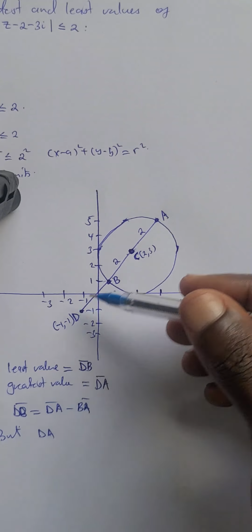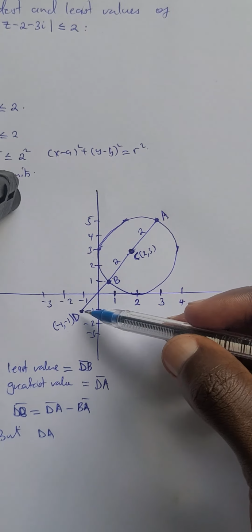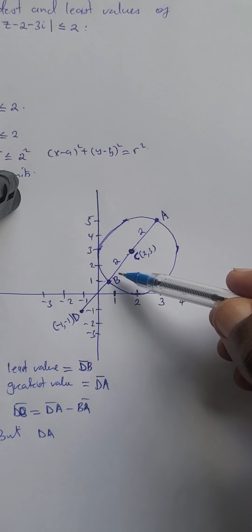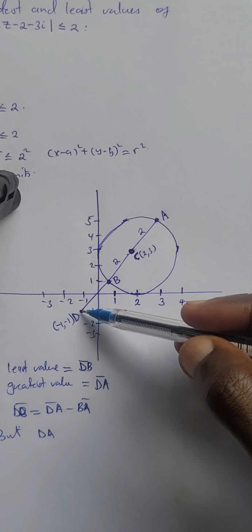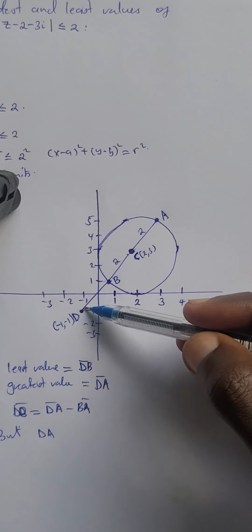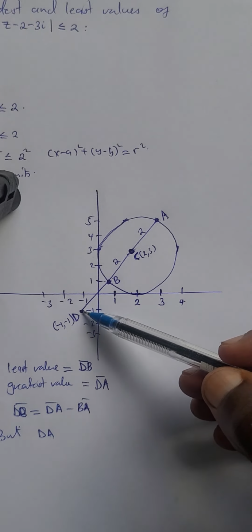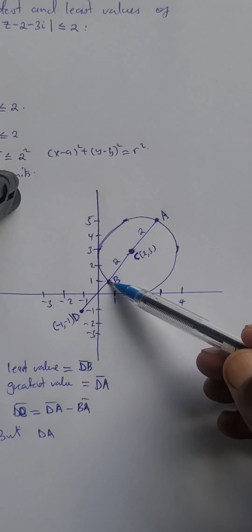To get dA, from here up to here is 4. So if I know from here up to here is 4, and I know this one here also, I can easily get this one here.